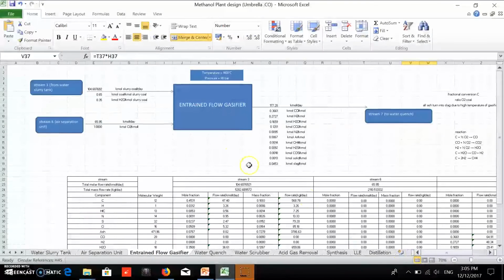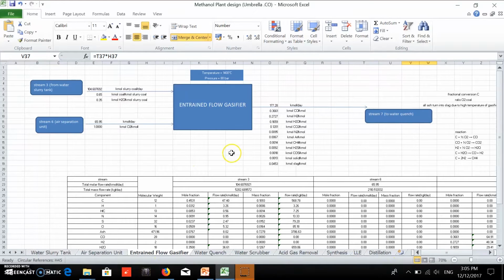Next, the entrained flow gasifier, where stream 3 from the water slurry tank flows to the gasifier, while stream 6 containing O2 comes from the air separation unit. The outlet, stream 7, is the syngas produced, which contains solid and slag, and it flows to the water quench.